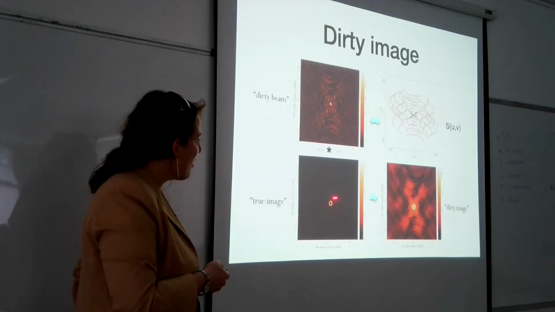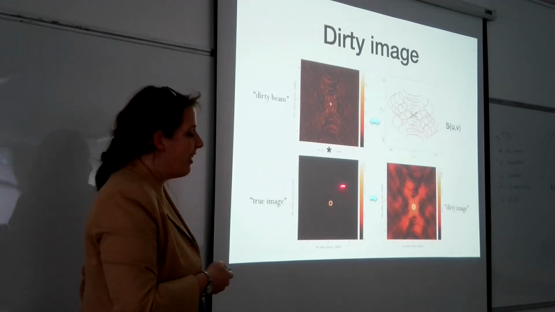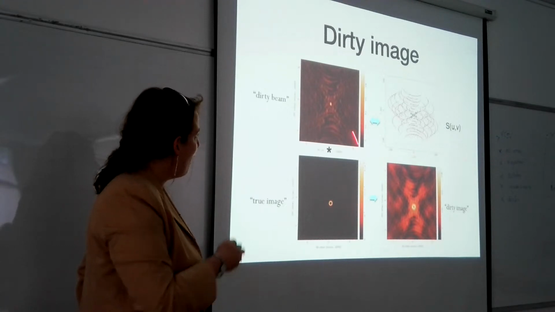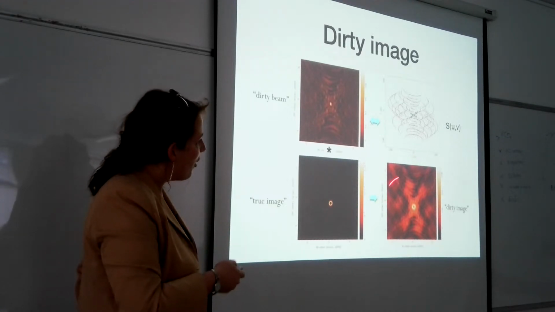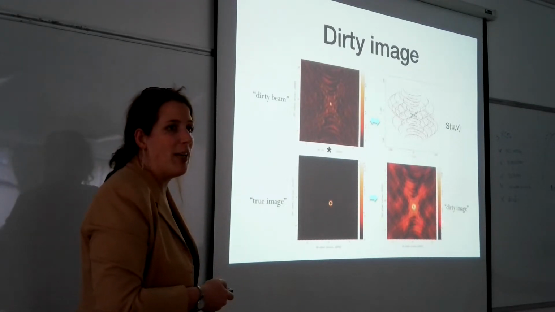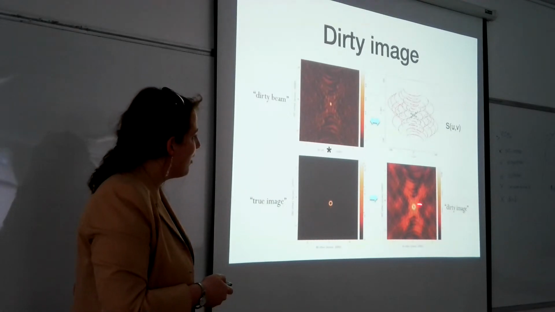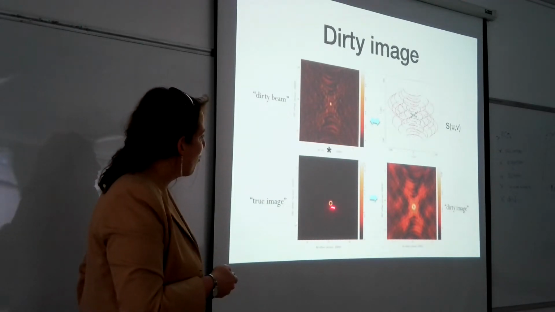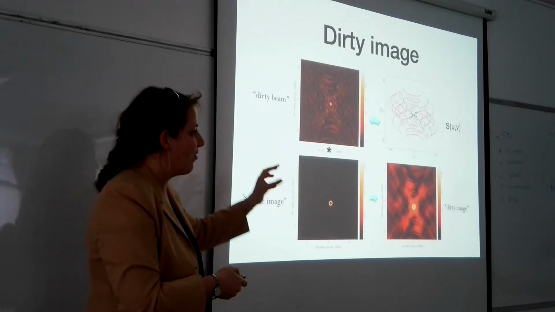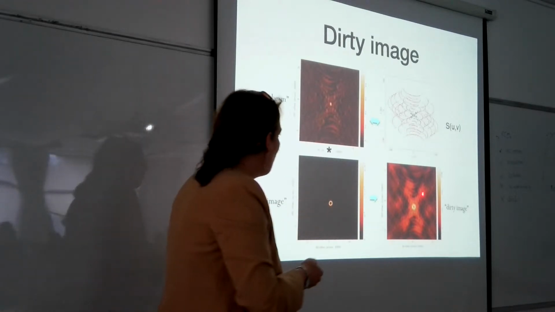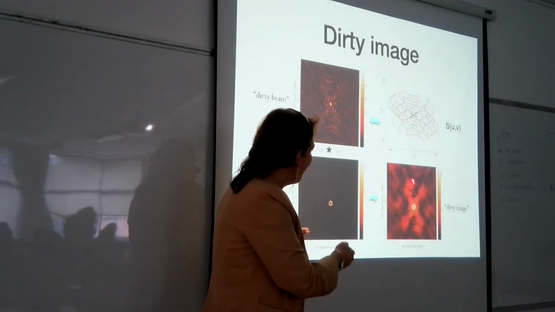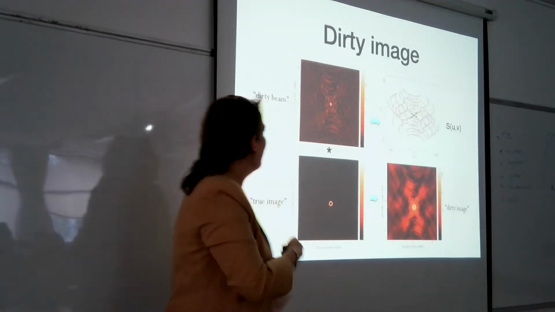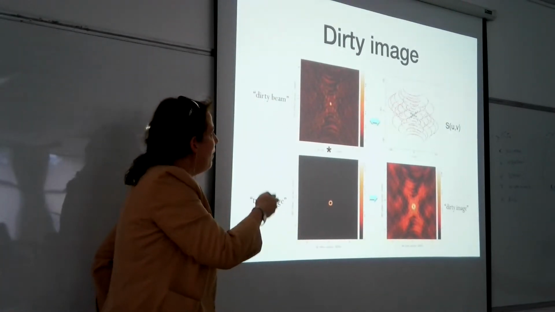If we now image a disk that looks like this, a bit of a ring, and convolve it with that dirty beam, it's going to look like this, a dirty image. You're convolving it with the beam, so things get stretched out a little bit, but that's fine. But you also get this whole cross structure, and that's the result of that dirty beam.